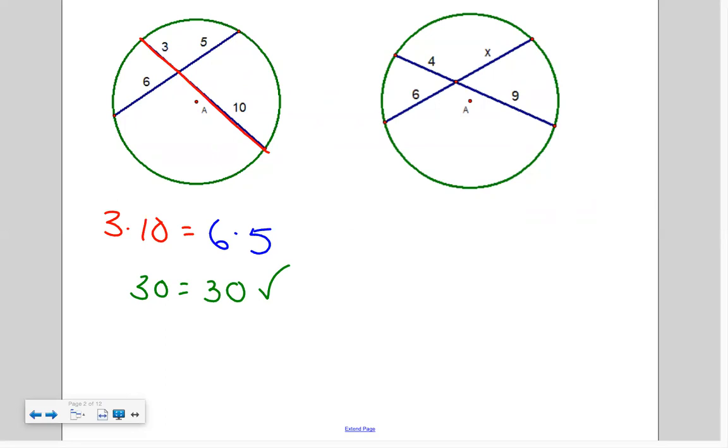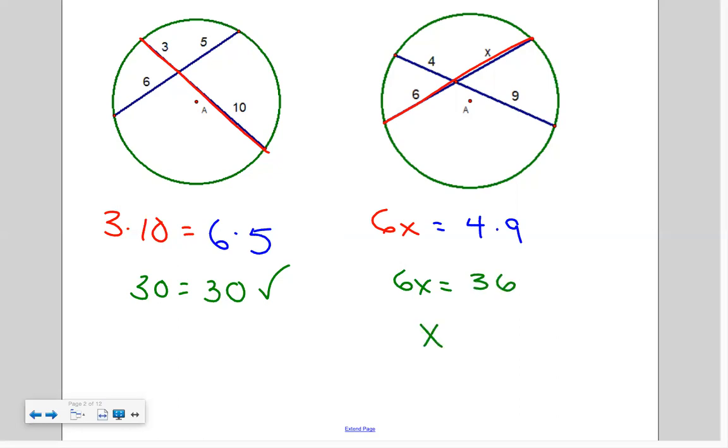Now, it's not always going to be just numbers given. It's going to be problems that are more like the one on the right, where you're going to have to solve for a missing length. In this case, we have a segment length that's equal to X. But I can do the exact same thing. Two chords. If I use my red chord segments, 6 times X, equal the blue chord product, 4 times 9. 6x equals 36.